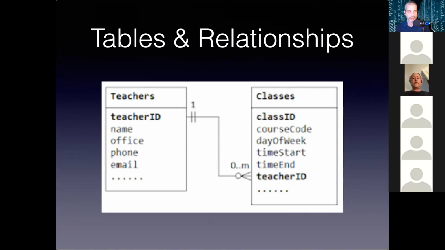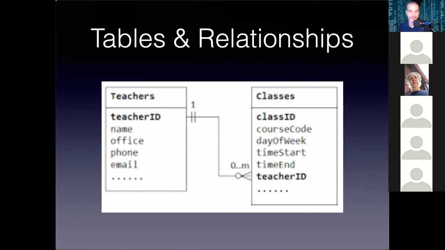So the teacher ID in the teachers table would be a primary key. In the classes table, the primary key would be the class ID, and the teacher ID that is present in the classes table is a foreign key. And the foreign key is what you use to connect to another table in which that key is the primary key.